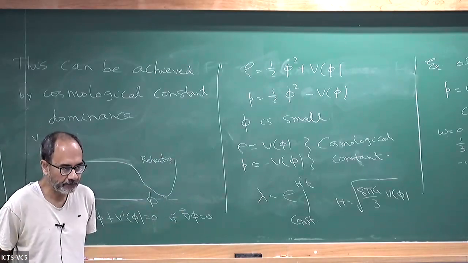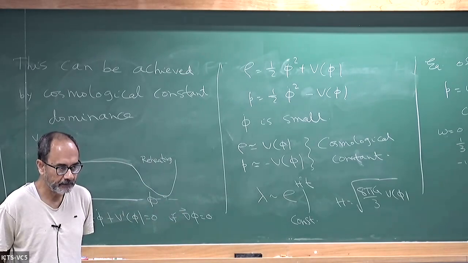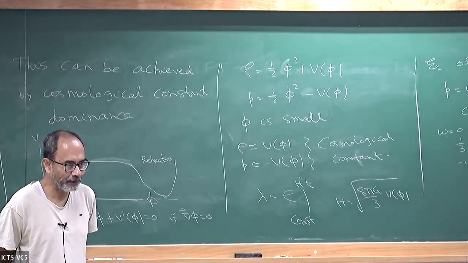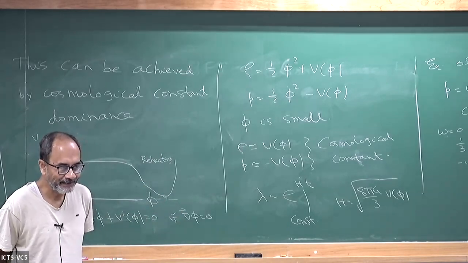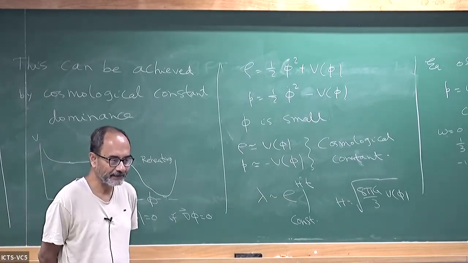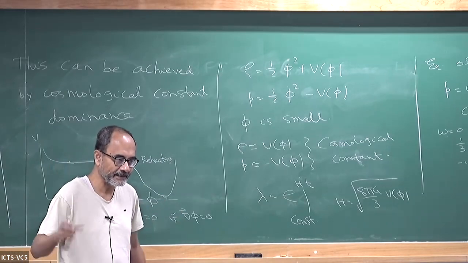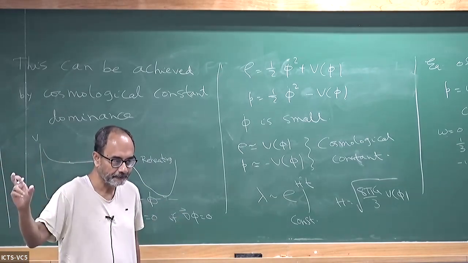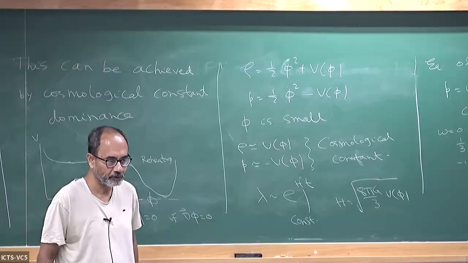Even that is enough to produce inflation. What about the slow roll? It will happen. Even with m^2 phi^2, it will happen. There will be a region in the phi range where it will act as if it's slow roll.